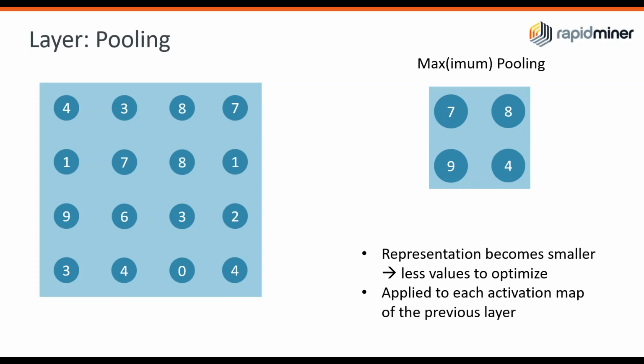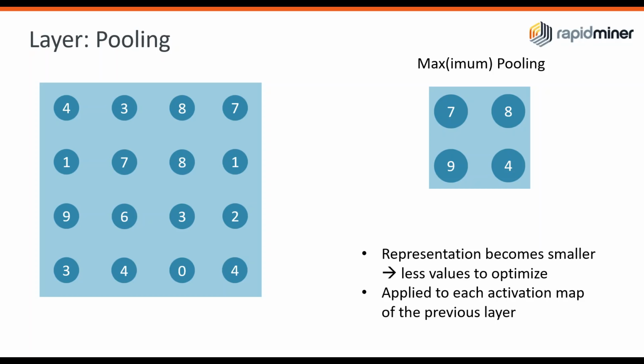This might help if you have very big layers, because then you have many values that you need to optimize. We learn about that in a few minutes. You don't want that many values to optimize, because the fewer values you have to optimize, the less data you need.